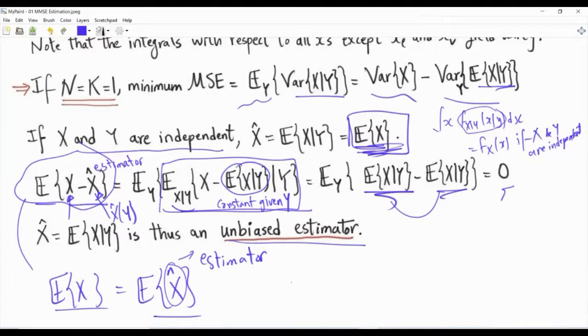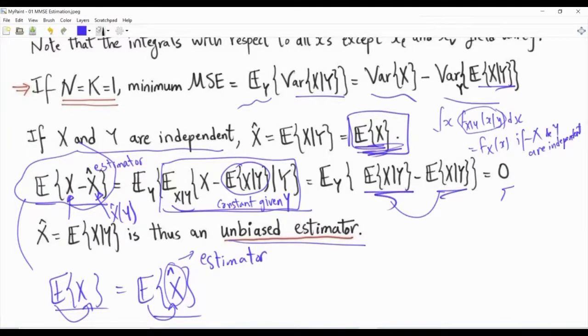So MMSE is an unbiased estimator. This is a property of estimators that we call unbiased estimators, and we will encounter it later when we study another technique for estimation.